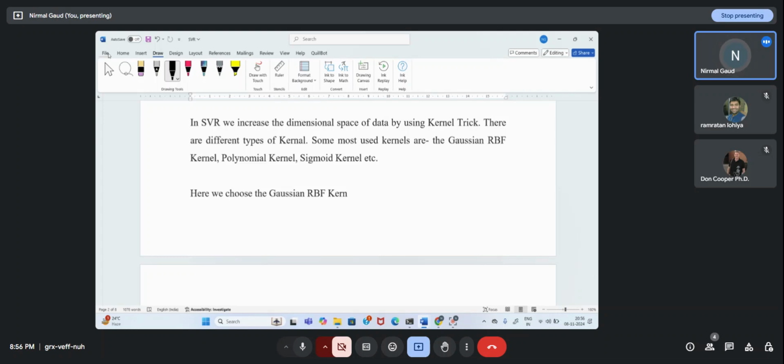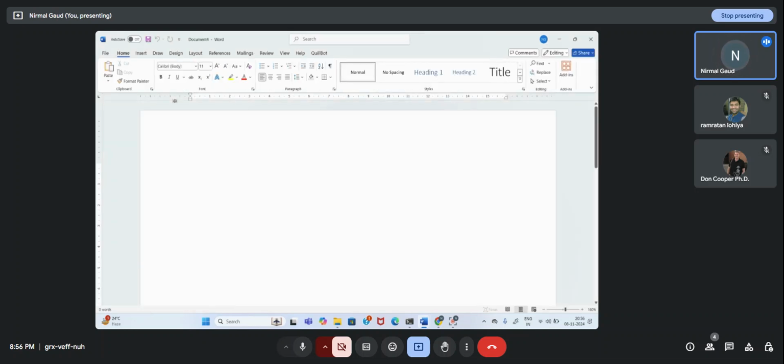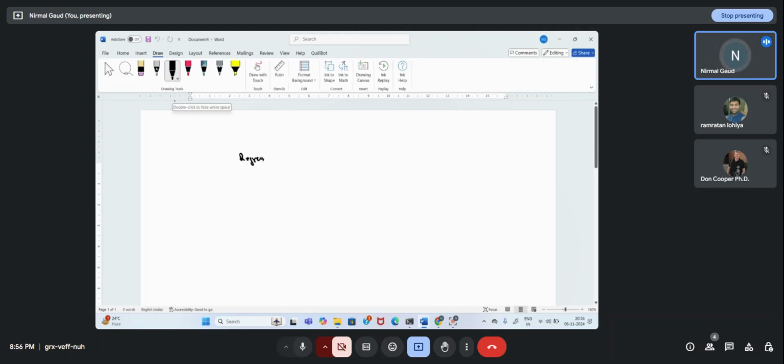But how can I relate this thing? I can relate this thing in terms of regression only. When you are having a non-linear relationship, they should say this statement: non-linear relationship between y and x, between the feature and the target.